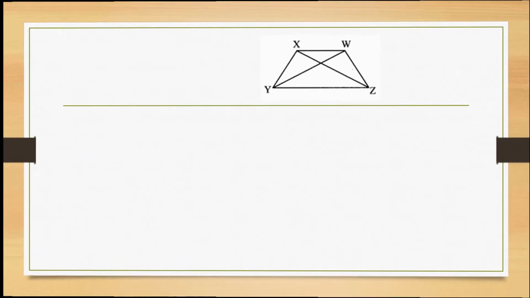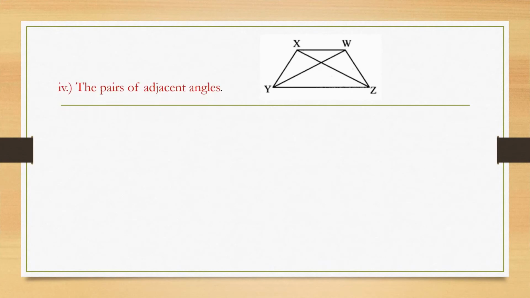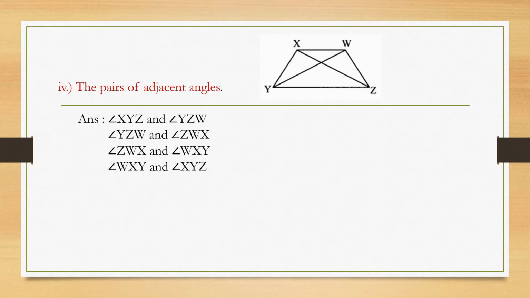Question 4. The pairs of adjacent angles. Here in this quadrilateral XYZW, the first pair is angle XYZ and angle YZW, second one angle YZW and angle ZWX, third one angle ZWX and angle WXY, and next one angle WXY and angle XYZ.